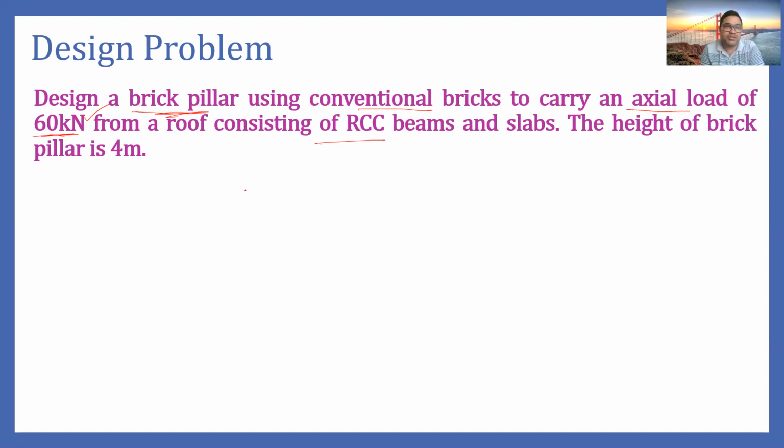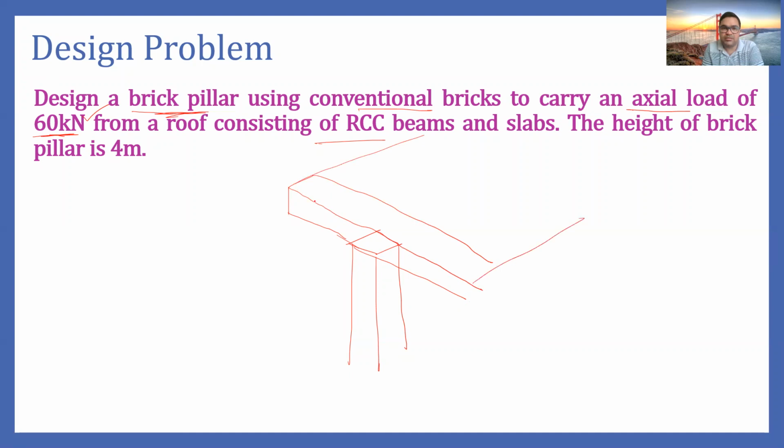The height of the brick pillar is 4 meter. So we can try to make the diagram of the pillar. The pillar is something like this, and on this pillar the beam is running like this. So this is the beam, and on this beam the slab is resting, something like that.